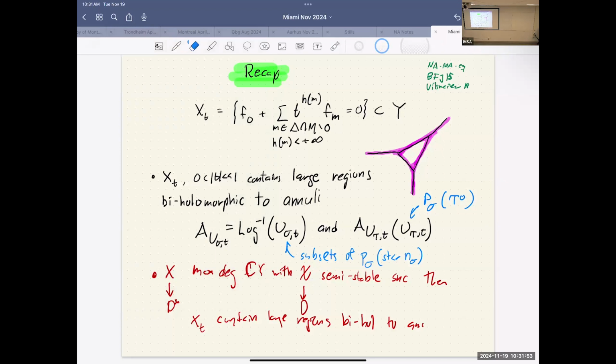So similarly, X_t contains these large regions biholomorphic to annuli, but we get just one region for each face tau in the dual intersection complex of the central fiber of the model. The last part there is just what being semi-stable simple normal crossing means. So at these deepest intersections, you have these patches which are like large annuli.